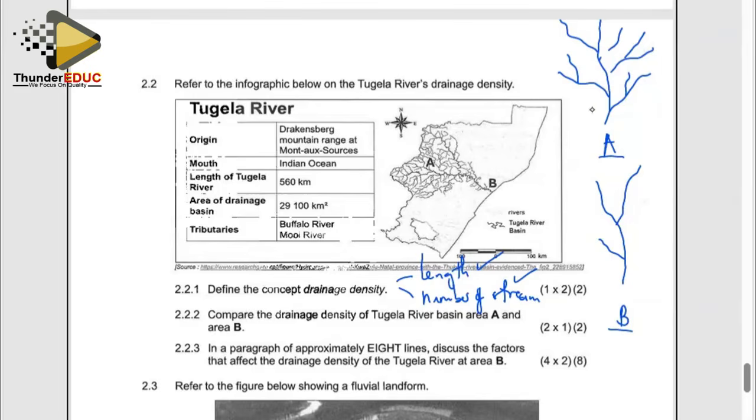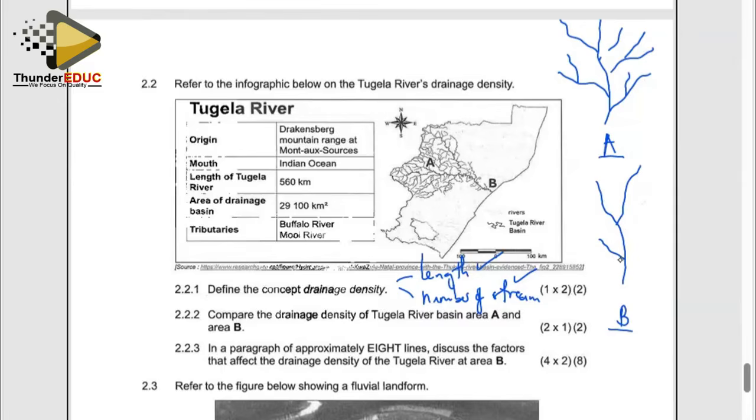You can see that there are many here. So this is a high density drainage basin. This basin has high density. But if you look at this, if you look at the number of streams, you can see that the streams are just few. So it's lower density. So we can look at it from the dimension of the number of streams, or we can look at it from the dimension of the length of the streams.